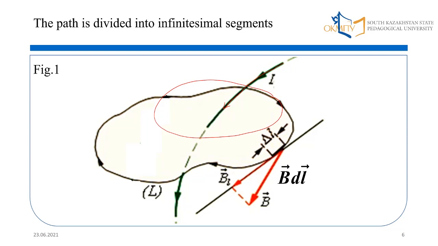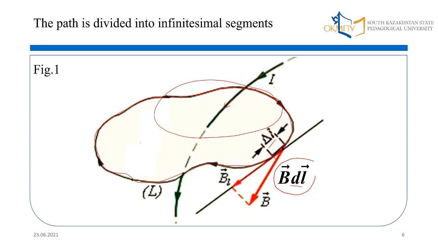We take any closed path which encloses this current-carrying conductor, and we divide this path into segments with the length dl. We take the scalar product of the magnetic field at this point and the length of the element dl, the segment of the path.